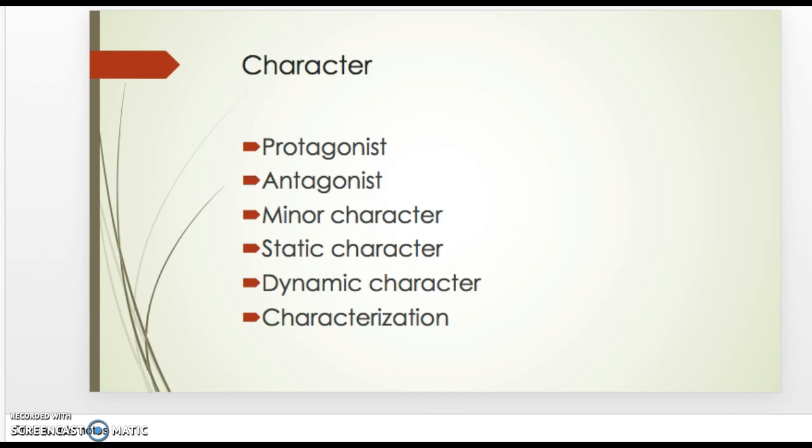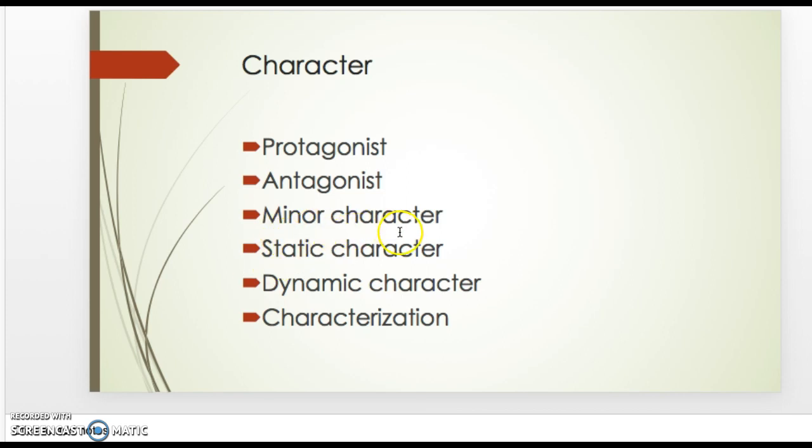The antagonist is the opposite of the main character, often seen in a negative light. A minor character supplies support to the main character, to the protagonist, and sometimes there are minor characters that supply support to the antagonist as well.